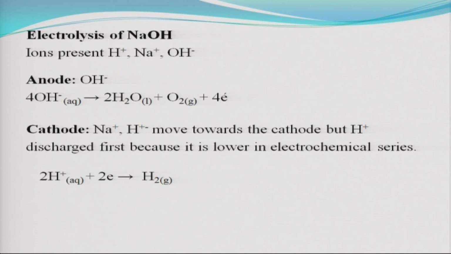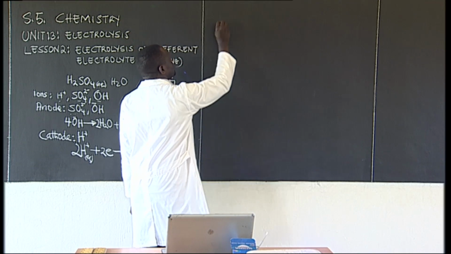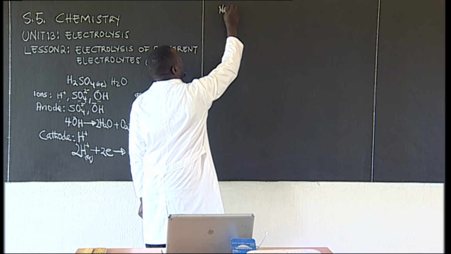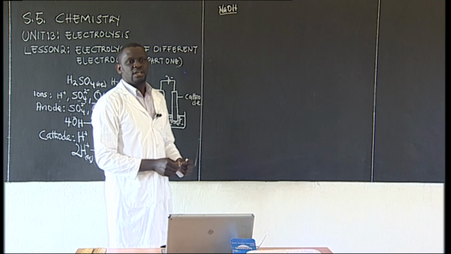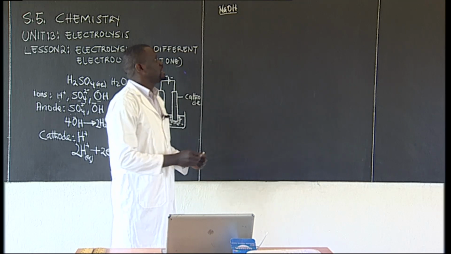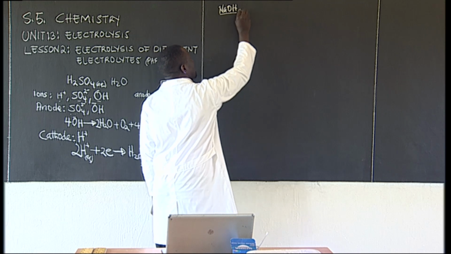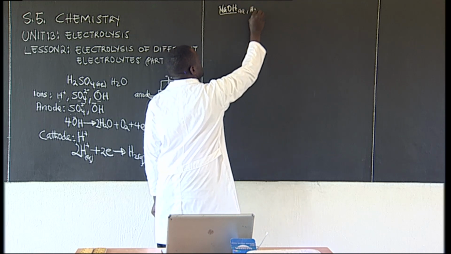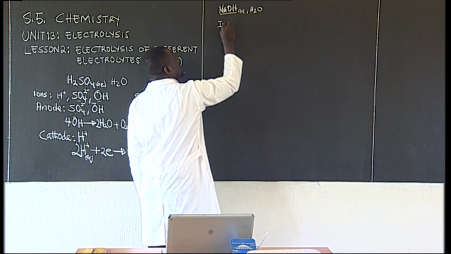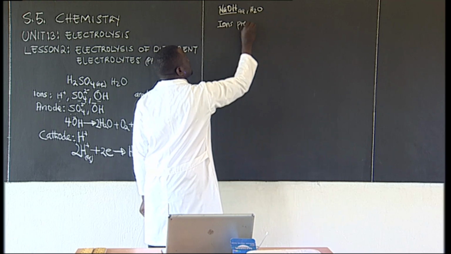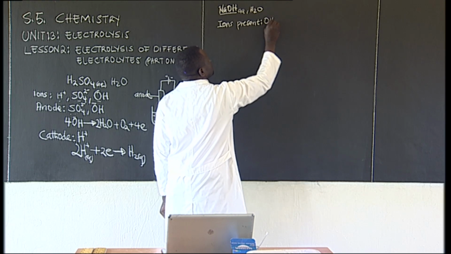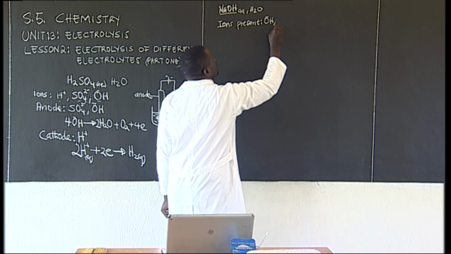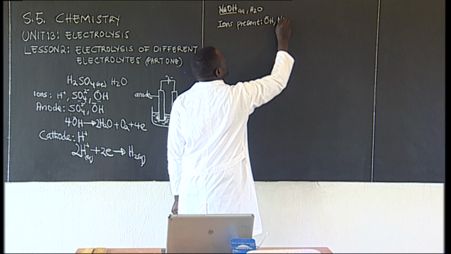So let's continue, and we talk about electrolysis of sodium hydroxide. Sodium what? Hydroxide. Sometimes this is called caustic soda. So in sodium hydroxide, because it is aqueous, we shall have water. The ions present will be the OH from sodium hydroxide, and we have also sodium.